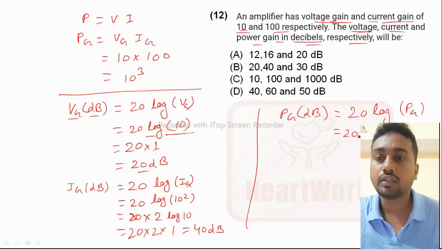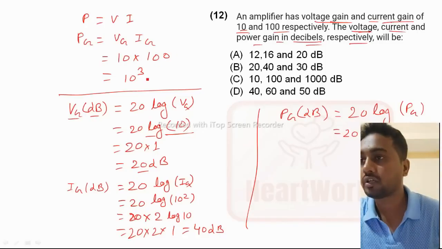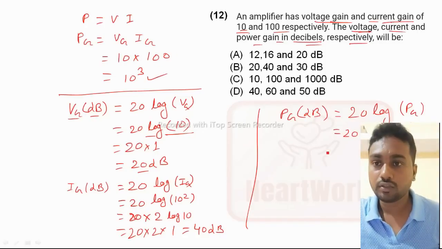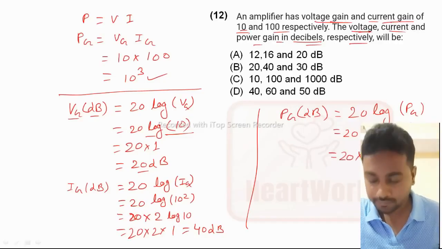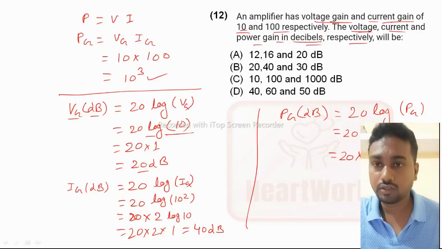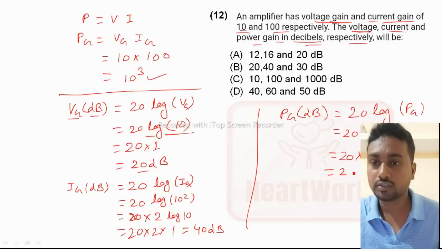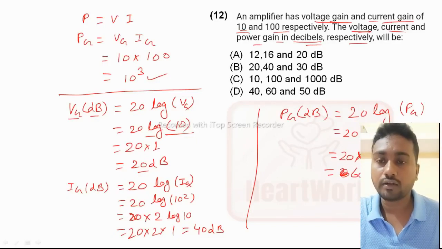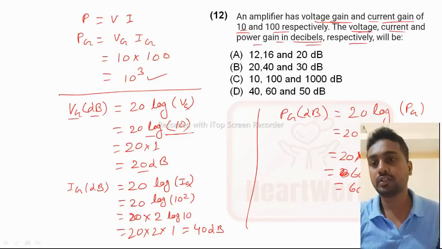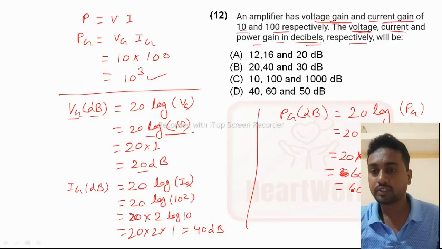The power gain is 10 to the power 3, which we just calculated. So we can write 20 into 3 log 10. 20 into 3 is 60, and into 1, so 60 dB. So the power gain comes to 60 dB.